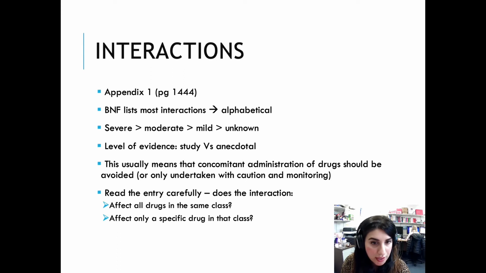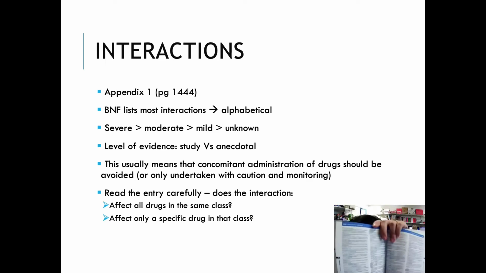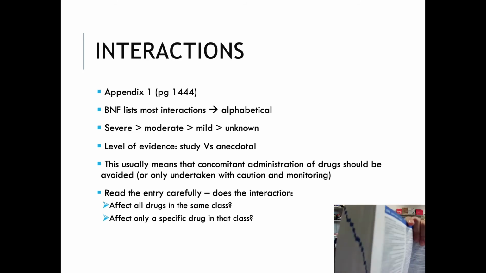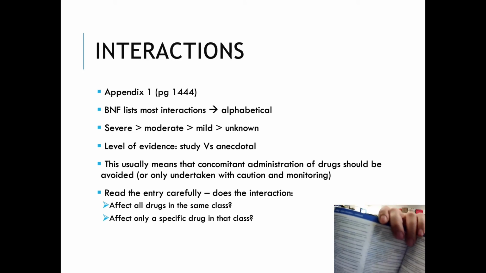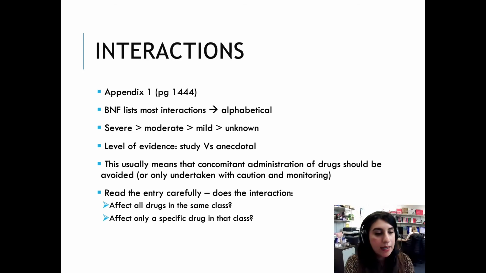So the drugs should normally be avoided, or you need to do it with caution and monitor the patients. But be really careful when you're reading the interaction section, because hopefully you can see from here, it's actually very hard. You can see that the writing is very small and very intricate. So you need to make sure you're looking at the right thing.